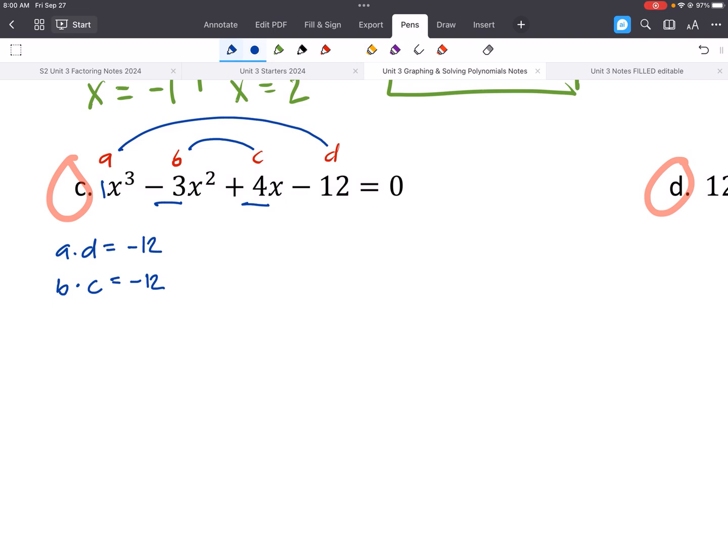Oftentimes for these problems, A is just going to be 1. So you could think of it as, if we multiply these, is it equal to the constant? But again, that really only works if A is 1. So just keep that in mind. But anyways, if that happens, we can factor by grouping, okay?